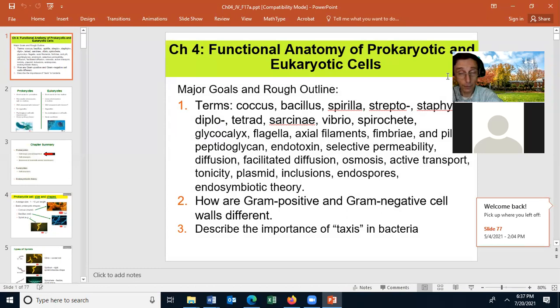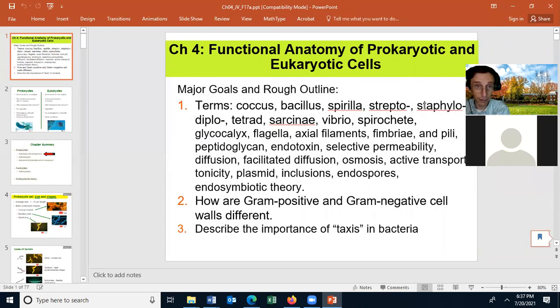All right, like normal, I start out my slides on a chapter giving you the major goals and a rough outline. You do need to know all of the objectives. I'm only illustrating the major goals. You should know the terms for this chapter. What's a coccus, a bacillus, a coccobacillus? What's a strepto, like streptococcus, staphylococcus, diplococcus?